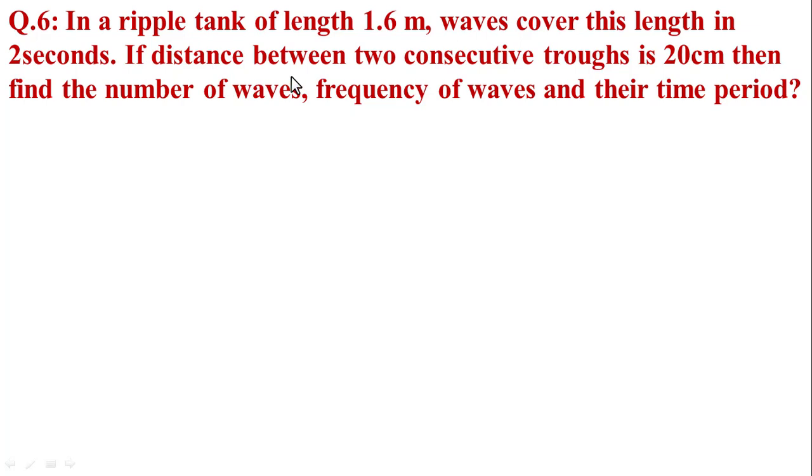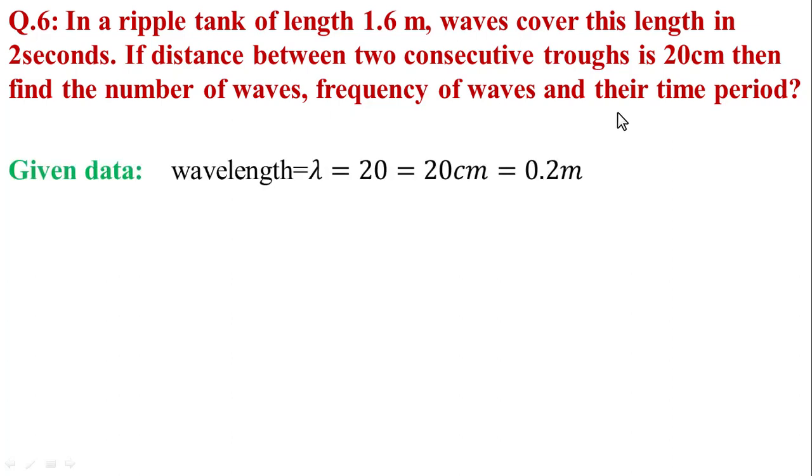If the distance between two consecutive troughs is 20 centimeters, the distance between two consecutive crests or troughs is equal to the wavelength. So this value is equal to the wavelength. Wavelength is 20 centimeters. Then find the number of waves, the frequency of the wave, and also find the time period.